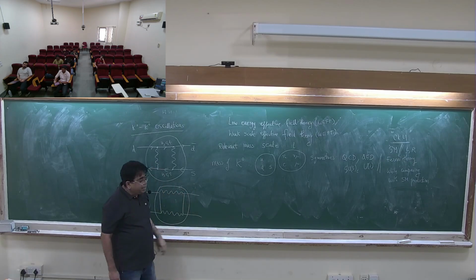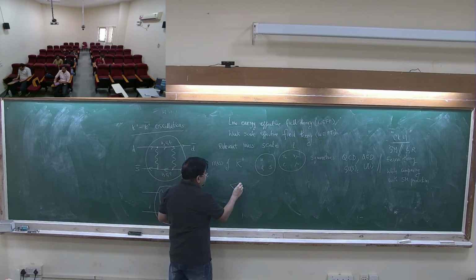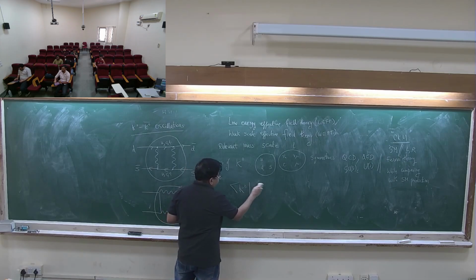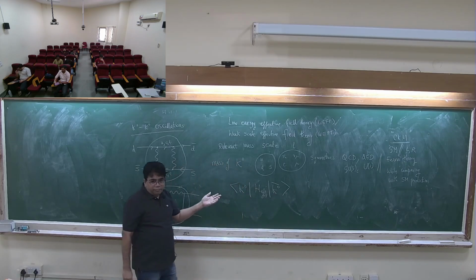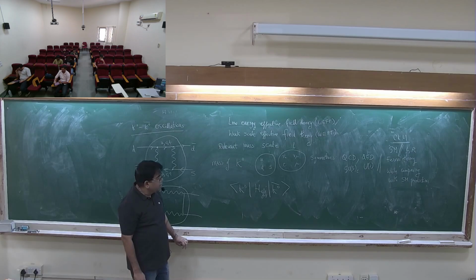Because what we are looking at is the K0 amplitude, a bunch of operators, K0 H effective, or L effective, whatever you want to call it. Okay, in this operator.